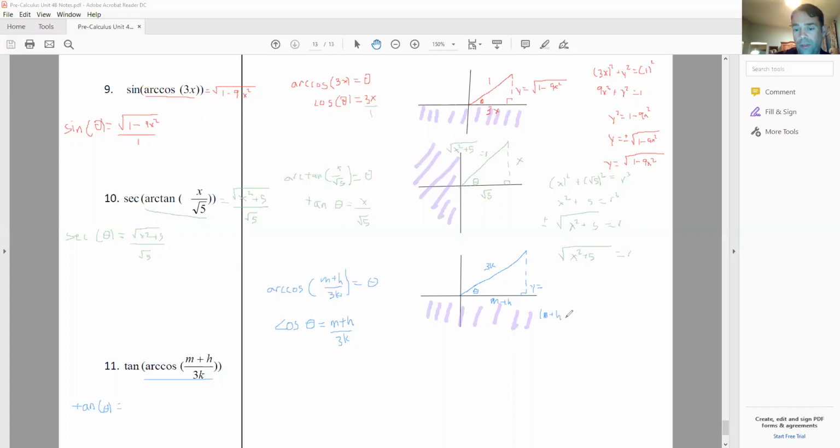We're not going to multiply that all the way out. Plus y squared equals 3k squared. So m plus h squared plus y squared equals 9k squared.